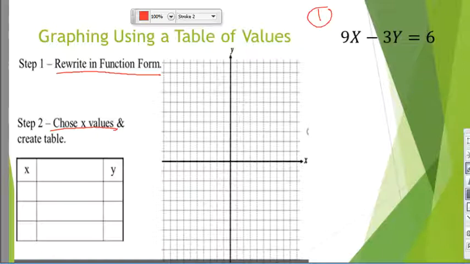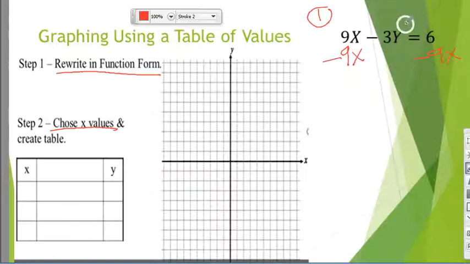If we are going to solve for the y here, if we're going to get this y by itself, we are going to have to get rid of the 9x. And then you guys, I hope you can see that there is a -3 in front of the y. So that's actually, the y is being multiplied by -3. So when you solve your equation, you're first going to subtract 9x, which I know that you know how to do.